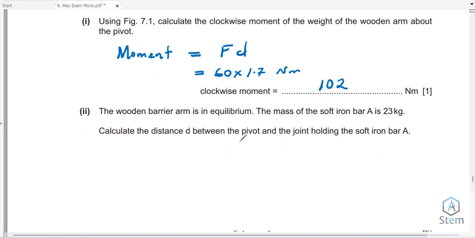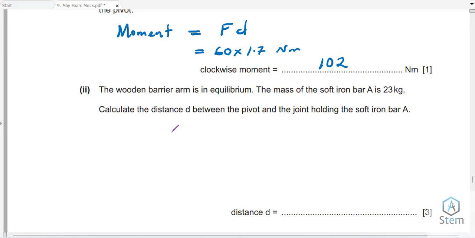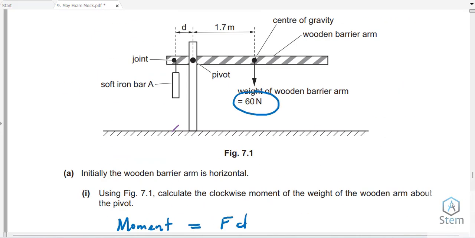The wooden arm is in equilibrium. The mass of the soft iron bar A is 32 kg. Calculate the distance D between the pivot and the joint holding the soft iron bar A. To calculate D, we need to figure out the weight of this soft iron bar. We are going to use weight equal to mg.